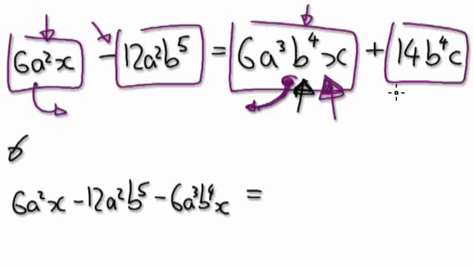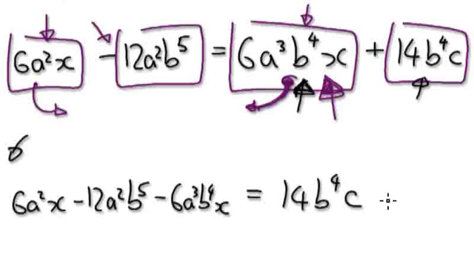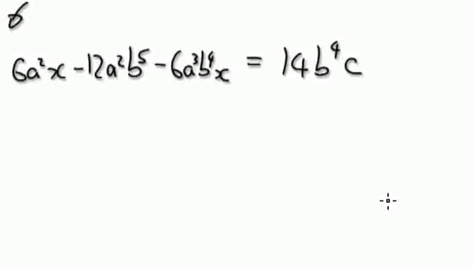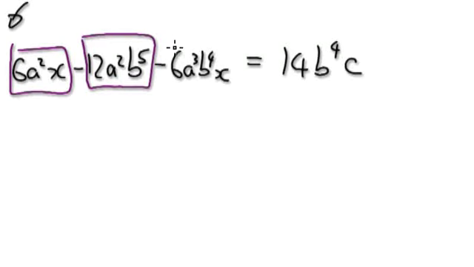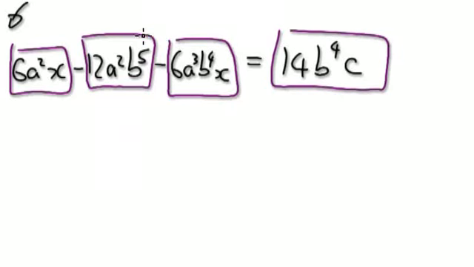Equals this only, so it would be 14 b to the power 4 c. Okay, now visualize it as this. You've got this block, take away this block, equals this block here. This one here is classed as rubbish because it doesn't contain x. So move this one across to the other side. So inside your mind, take away this block here.